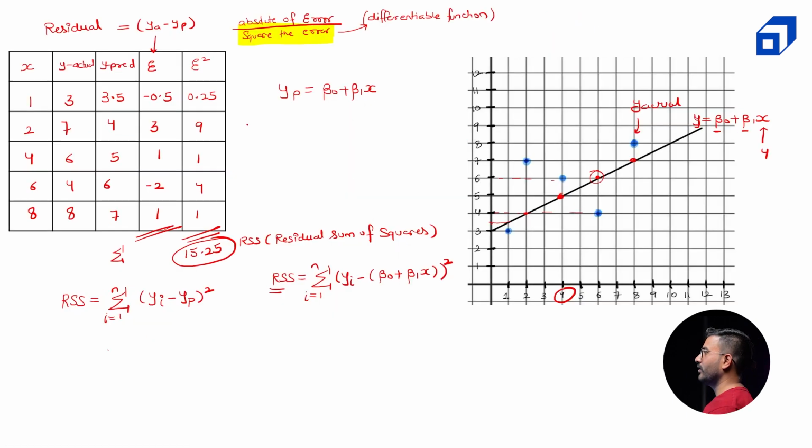So this particular concept is known as OLS, which stands for ordinary least squares method, where the idea is that we will choose that line.